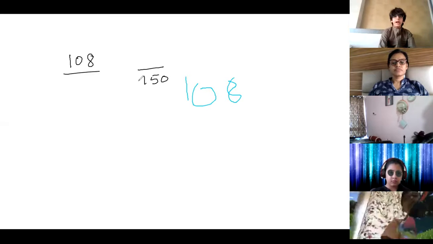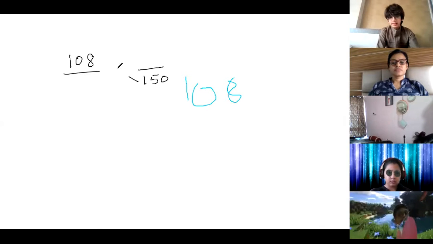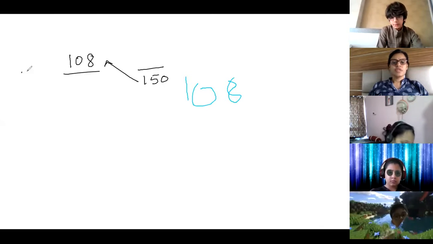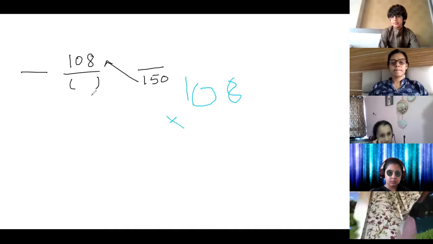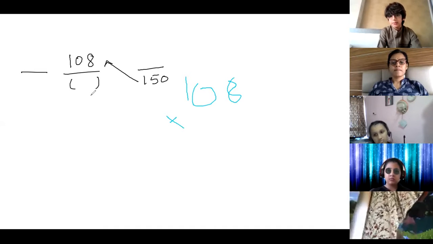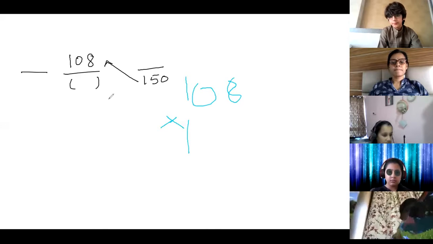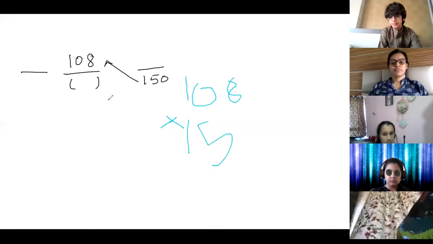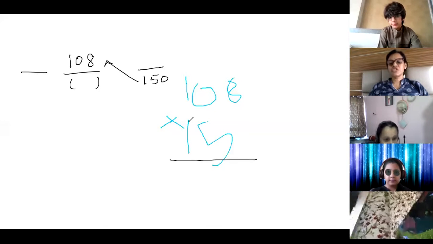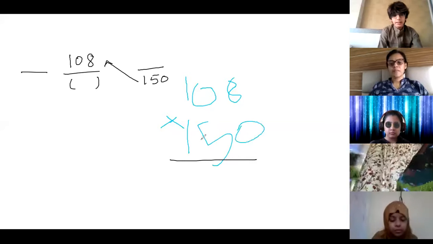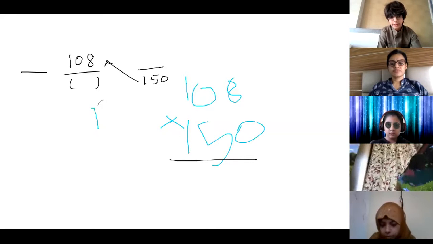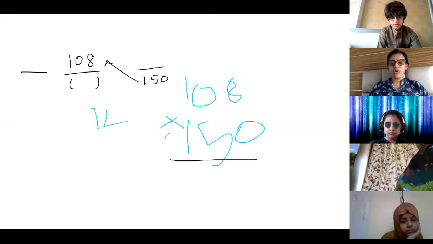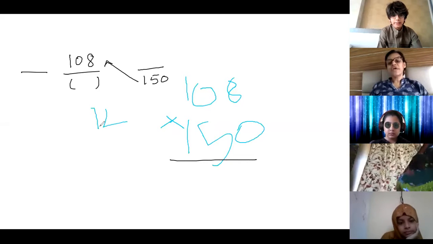So you told me to write the numerator like this, and then in another sum you wrote the denominator, which was 72. Okay, I understood what you are telling, multiplication.